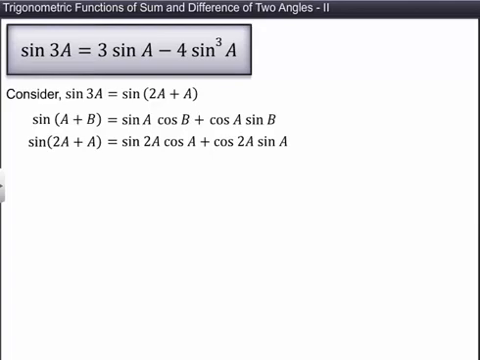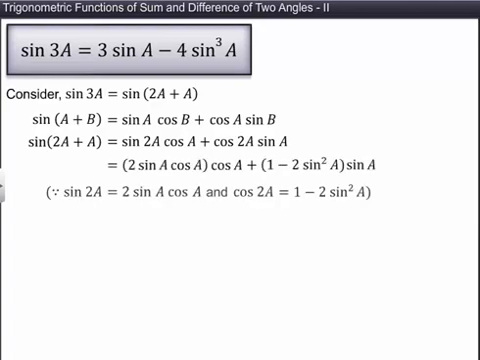Now, sin 2a is equal to 2 sin a cos a, and cos 2a is equal to 1 minus 2 sin square a. On substituting, we get 2 sin a into cos square a plus 1 minus 2 sin square a into sin a.